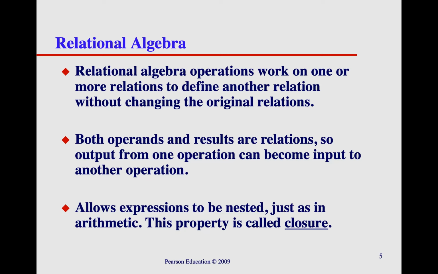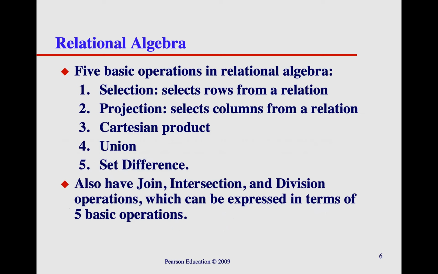And there are 5 basic operations and then 3 so-called convenience operations that are derivable from the 5 basic ones. The 5 basic ones are select, project, Cartesian product, union, and set difference. The convenience ones are join, intersection, and set division. And I'll show you how join, intersect, and division can be derived from the other 5.